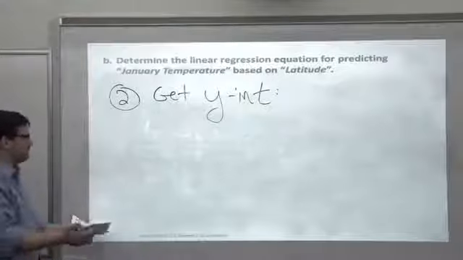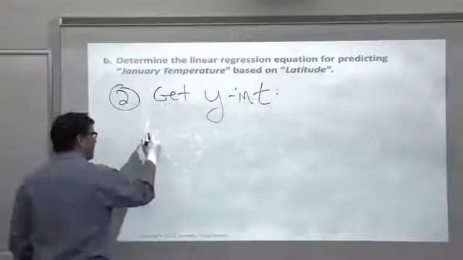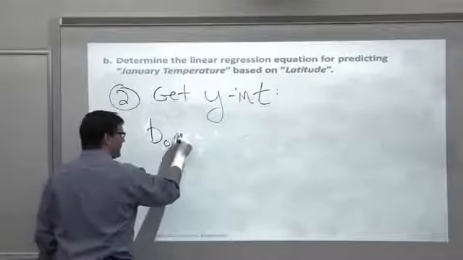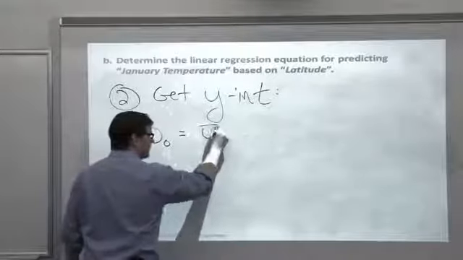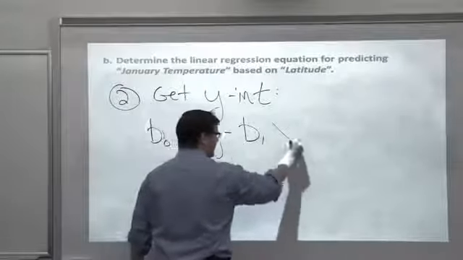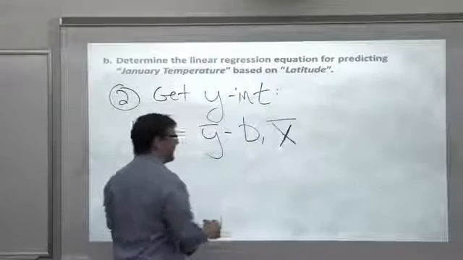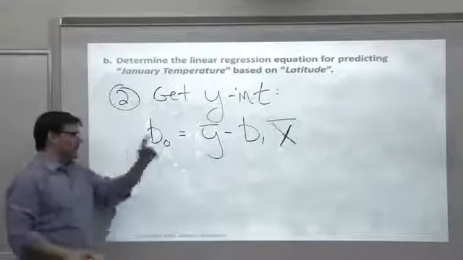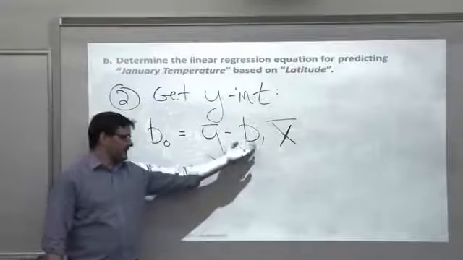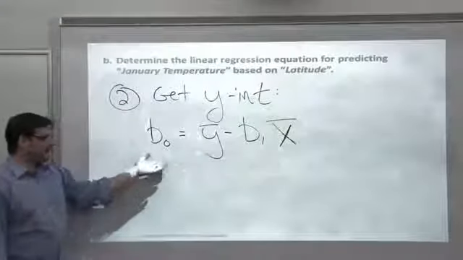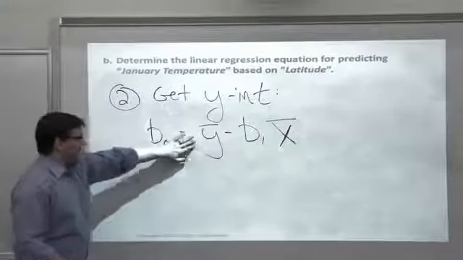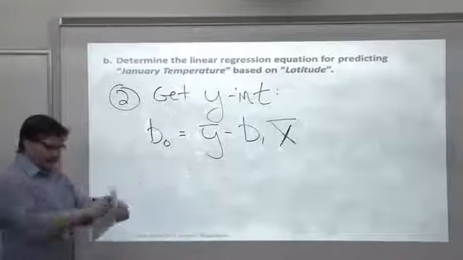It came maybe two or three videos ago. Formula, b sub 0 equals y bar minus b1 times x bar. Now, we do need to get the slope first because the slope is part of the y-intercept formula, so we've got the slope.